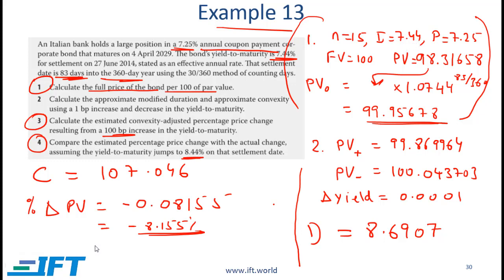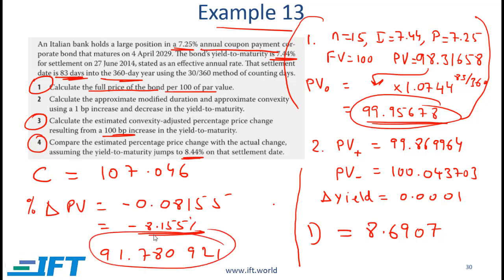If we plug in 8.44 and then use the same procedure, what we will get is 91.780921. And if we look at the percentage change from here to here, that answer is 8.179%.